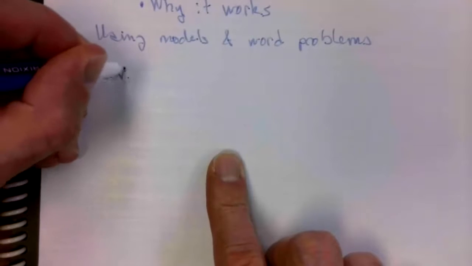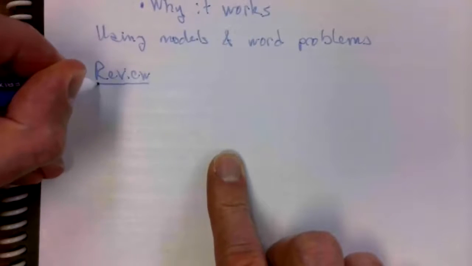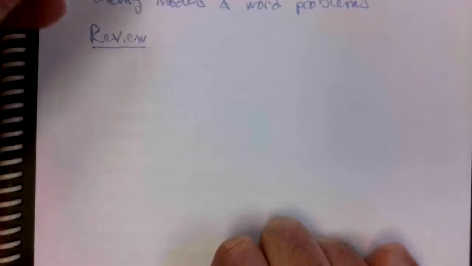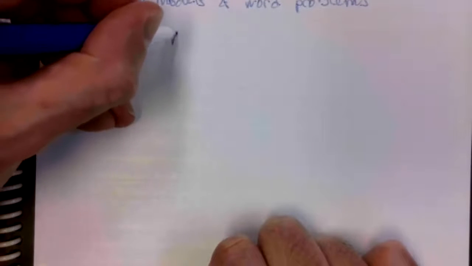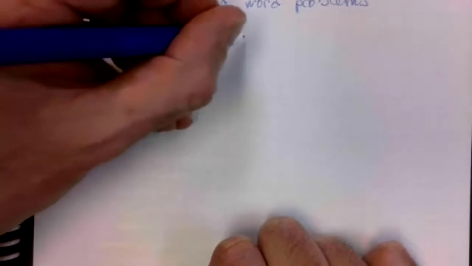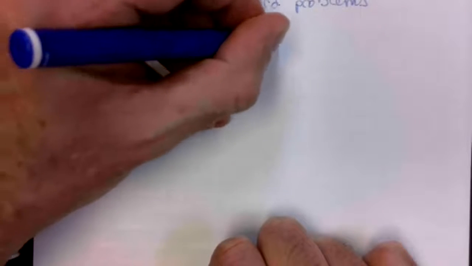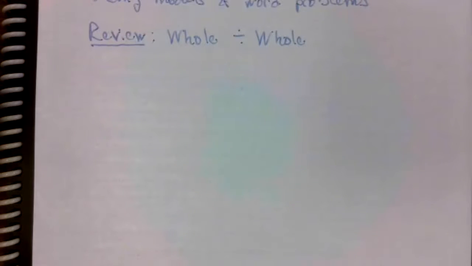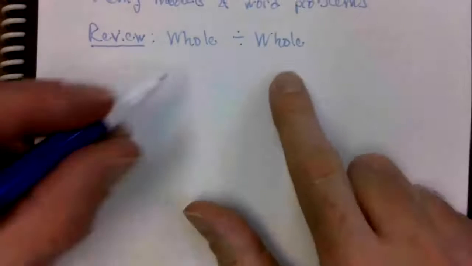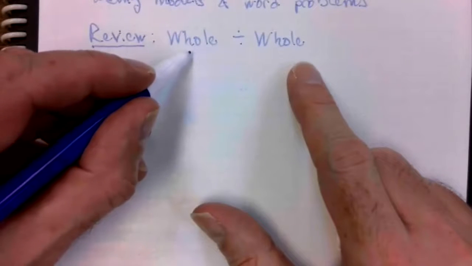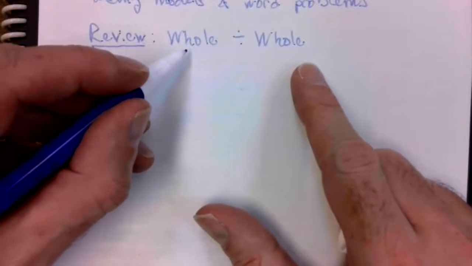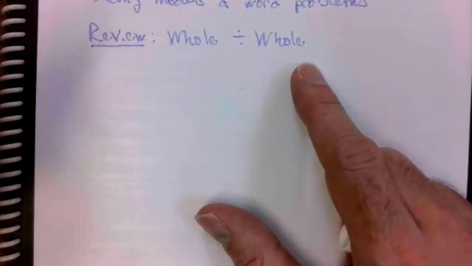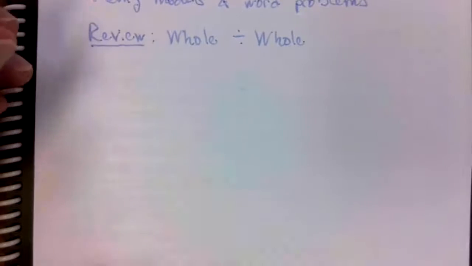So we'll do a quick review here. So, reviewing a whole number divided by a whole number. Okay, what's this about? Before we get to fraction divided by fraction. Okay, we'll look at various cases.